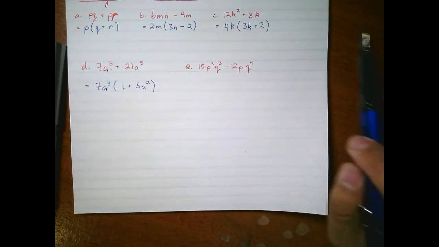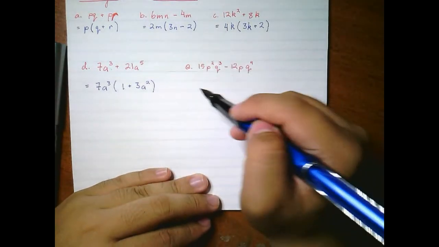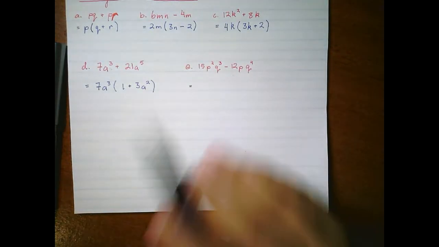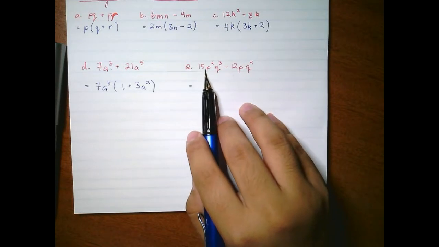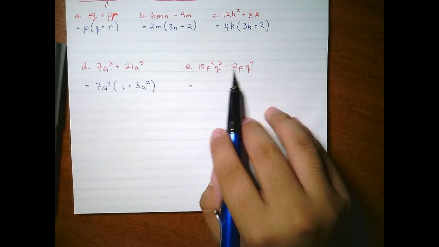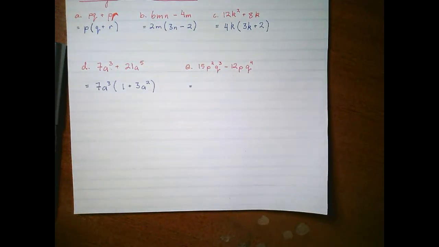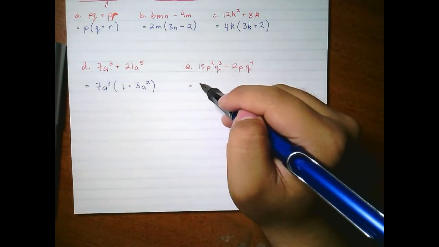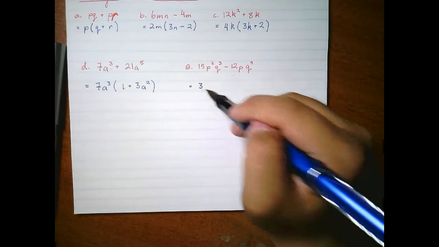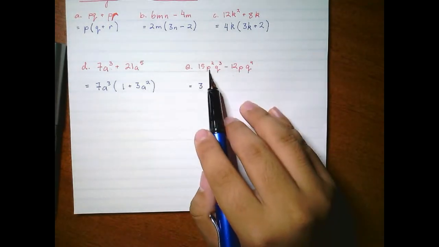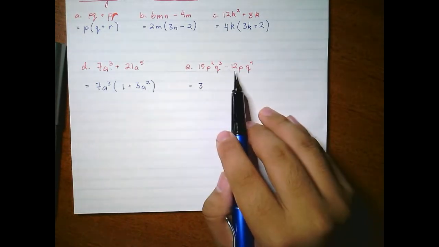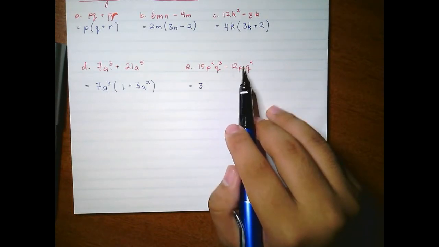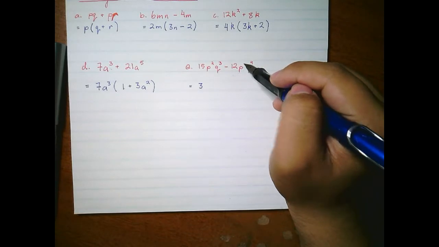Okay, so this has multiple things going on, but let's just break it down slowly, one at a time. We'll focus on the numbers first. 15 and 12. What's the biggest number we can take from 15 and 12? Well, it's going to be 3. P squared, and P, which is 1. This has an index of 1 that's secretly there.